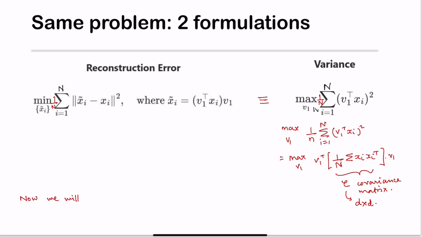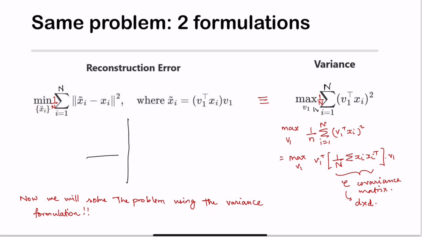Now, what is the purpose of having two different formulations? The benefit is that we will now use the variance formulation in order to solve this problem and to find out v1. The variance formulation can be interpreted in a very beautiful manner. Suppose in R2 we have data points scattered in this particular fashion. Then the variance formulation says that this blue line is the best line to project onto.